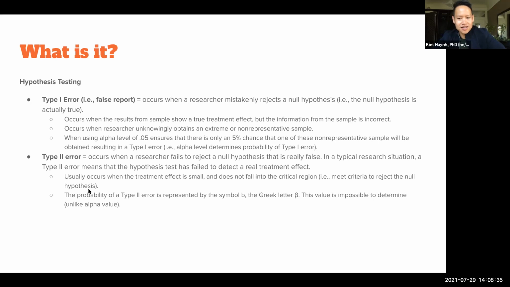Type 2 error is the other type of error. It occurs when you fail to reject the null hypothesis when it's really false. That means there may be a significant difference in your groups, but your test doesn't show that.